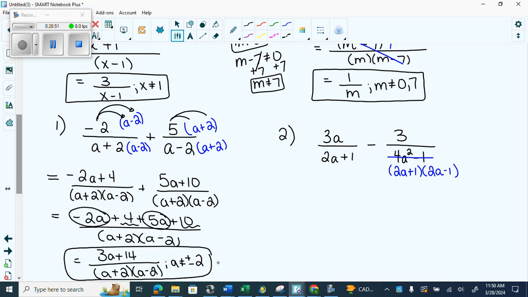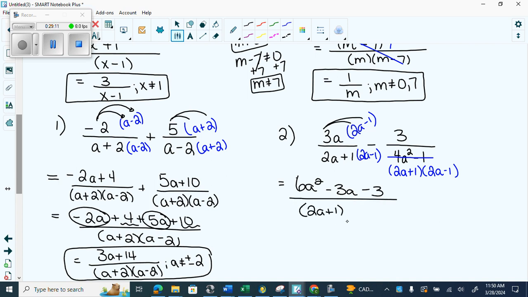Okay, this one I have to multiply by 2a minus 1. So I'm left with 6a squared minus 3a minus 3 all over 2a plus 1, 2a minus 1. And I can take a 3 out of the top.